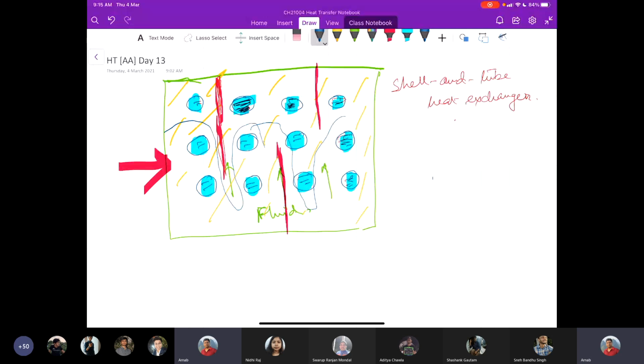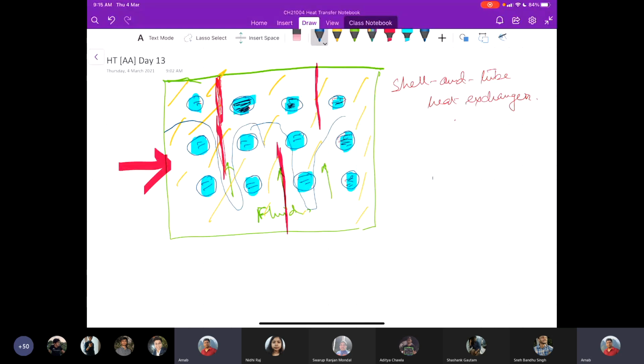In addition to that, introduction of baffles or such arrangement, even without baffle, we basically induce turbulence in the flow. Okay, and this turbulence, we have seen, increases the heat transfer rate.